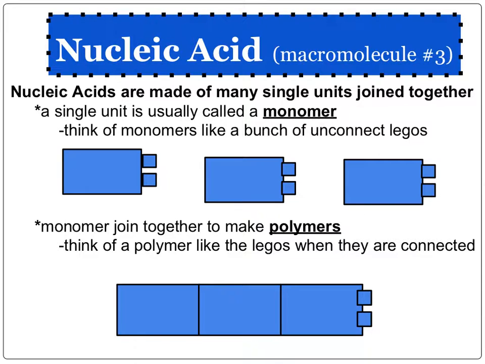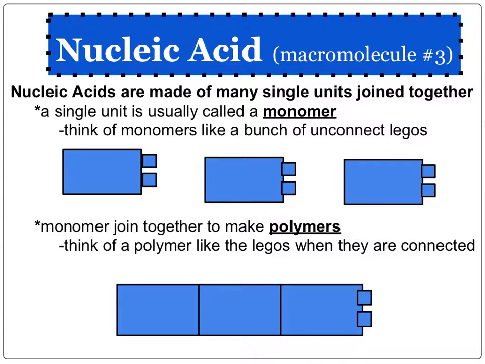This is not uncommon for macromolecules to be made from smaller subunits. So they use a term when you have these single subunits coming together, and the single subunits are called monomers. So here are 3 monomers. And those monomers will connect to one another to make a larger structure called a polymer.